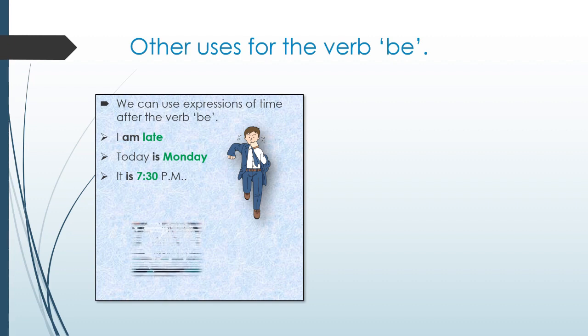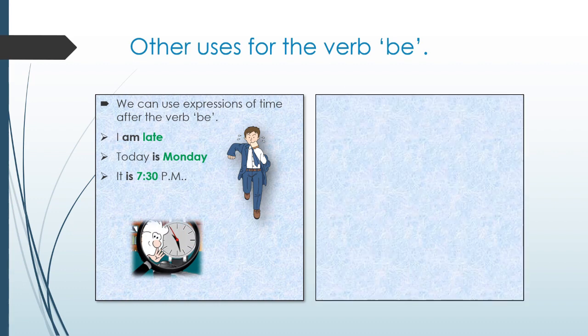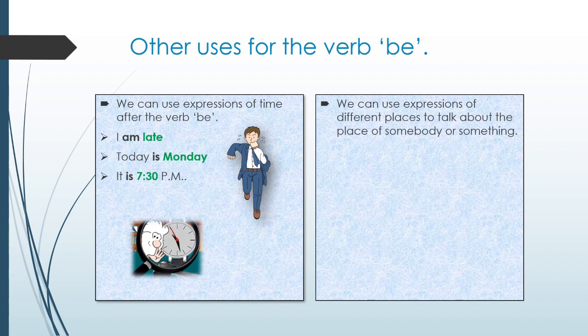Sometimes we can use the verb be with expressions of place. Let's take some examples about that. But before we see the examples, I want you to remember that we have a preposition and a noun in this case. For example, John is at school. We have a preposition at and school, the name of the place.